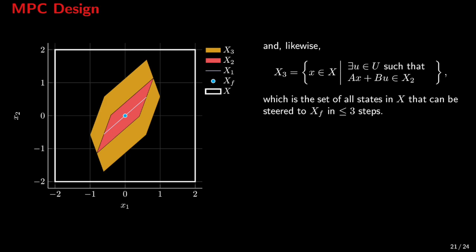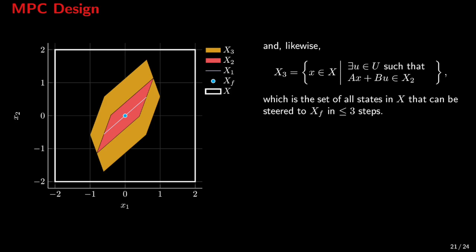x3 is the set of all states in x that can be steered to the terminal set xf in no more than 3 steps. And what is the definition? It is the set of all states x inside the set x uppercase, such that there is a u in u uppercase, there is a feasible control action, such that ax plus bu, which is the next state, is inside the red set x2.